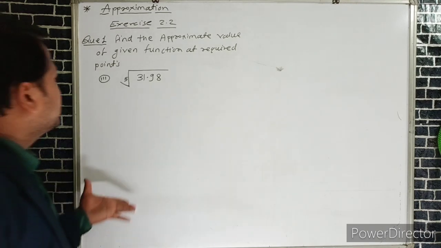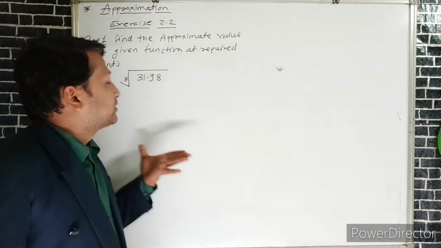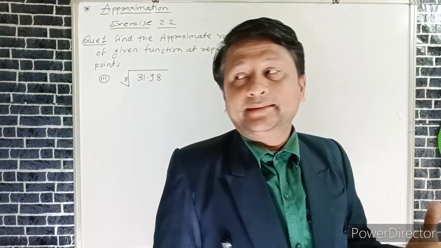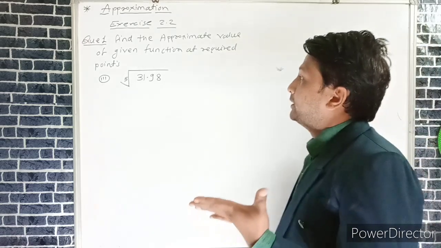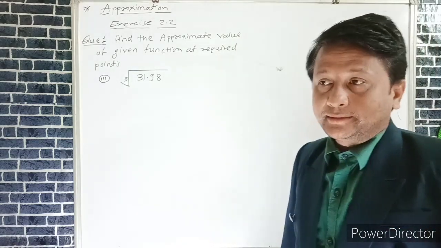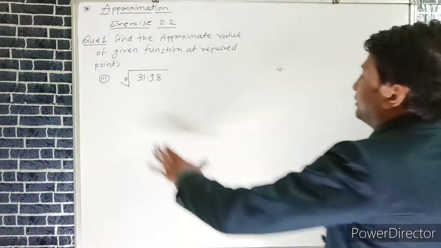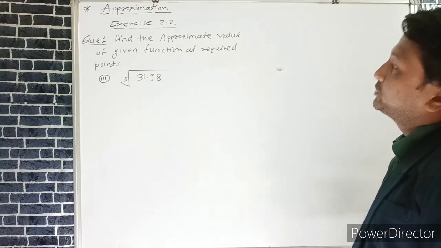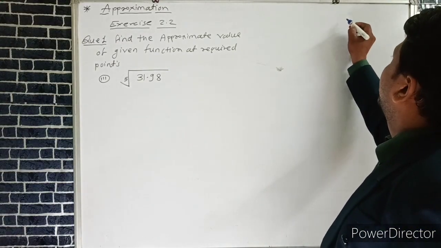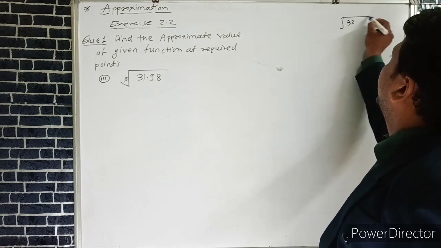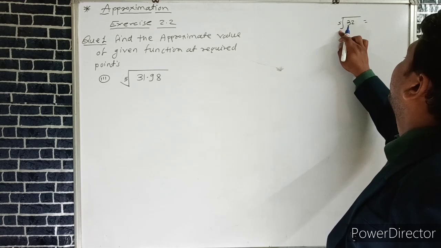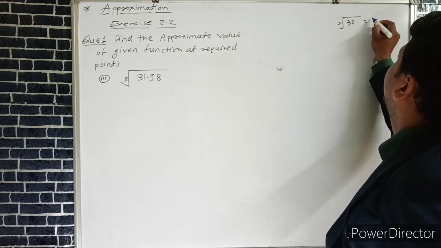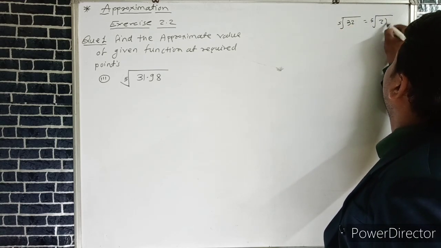Again, the next one is the fifth root of 31.98, and here we have to find the value of the fifth root of 31.98. The nearest number to 31.98 is 32, and we know that the fifth root of 32 can be written as the fifth root of 2 raised to the power 5.